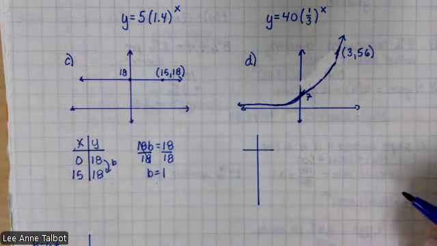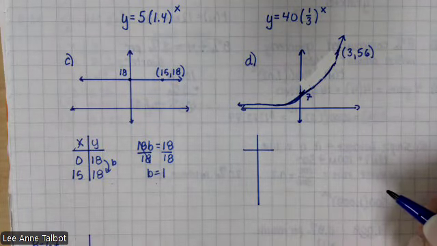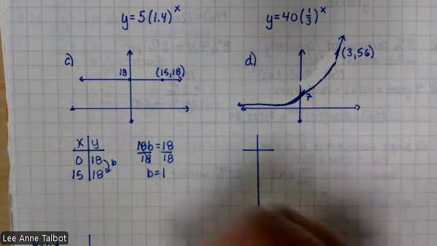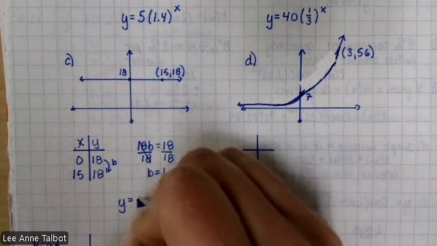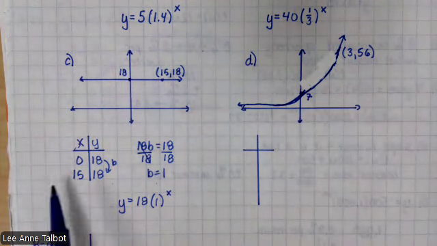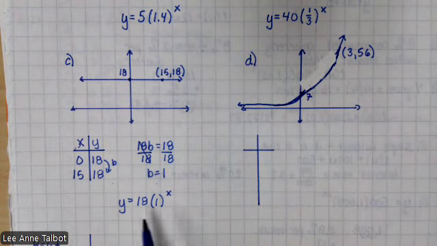B equals 1. And that makes sense because it's saying 18 every time. So the equation is y equals 18 times 1 to the x. 18 being my start, 1 being my multiplier. That one is just not that exciting.